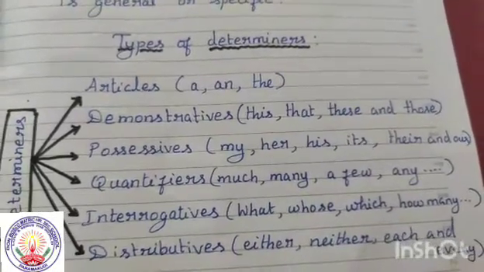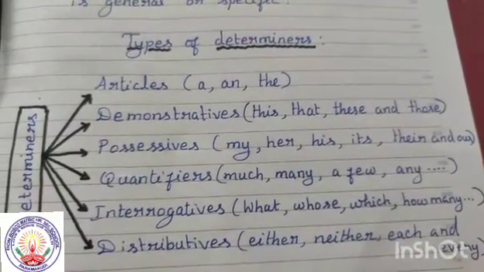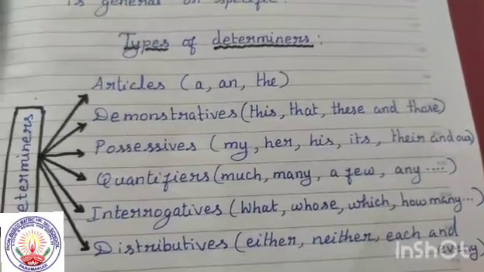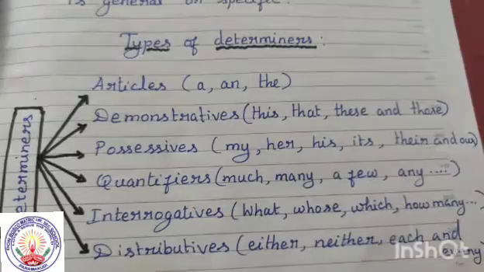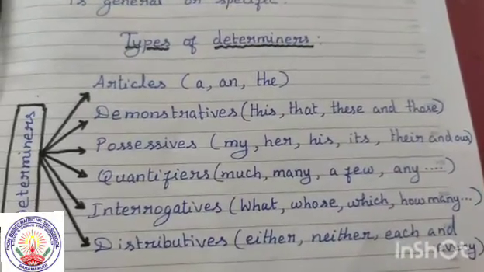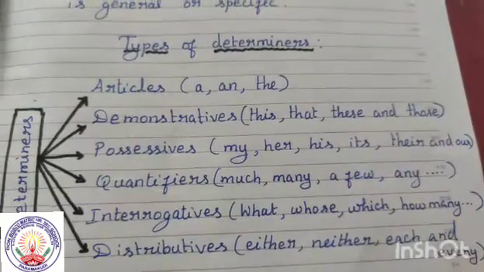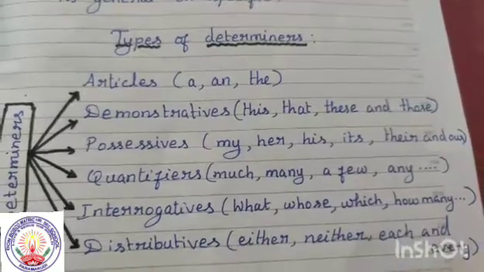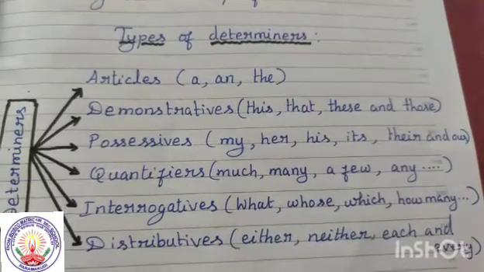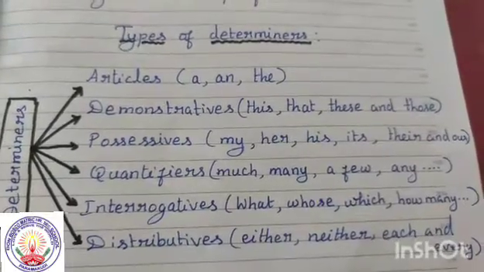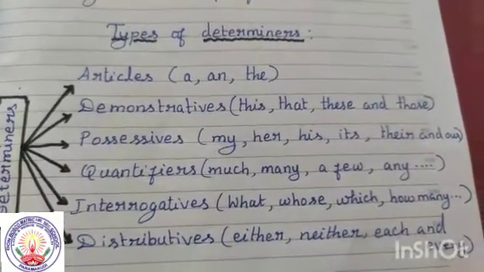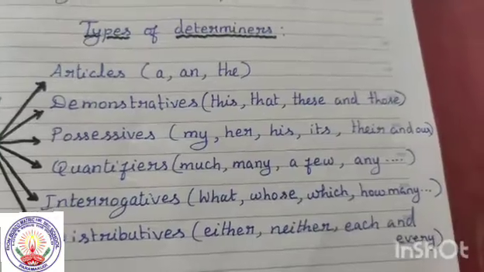Demonstratives: this, that, these, those. So this pen, that pen, these books, those books, like that. So these are the demonstratives. Possessives: my. We have already seen in an example, my sister. So my is possessive.